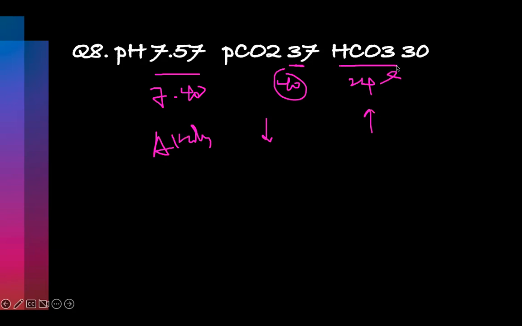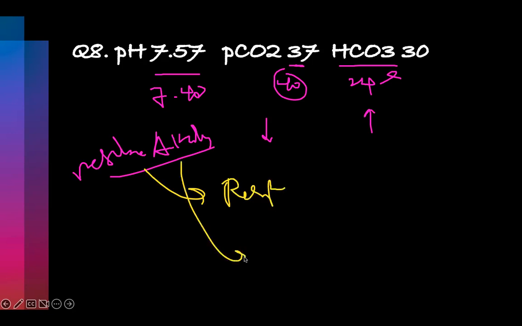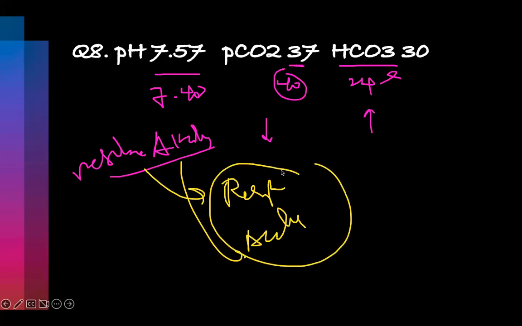What bicarb usually does is metabolic. So I have a metabolic problem. I've got to fix it. If it's metabolic, you go respiratory. If it's alkalotic, I do acidosis. So compensation means respiratory acidosis.